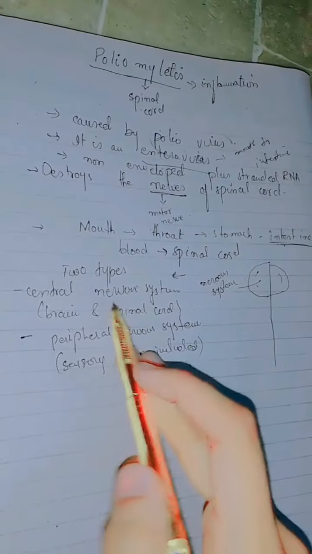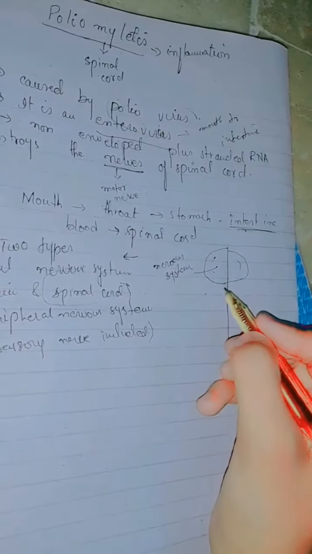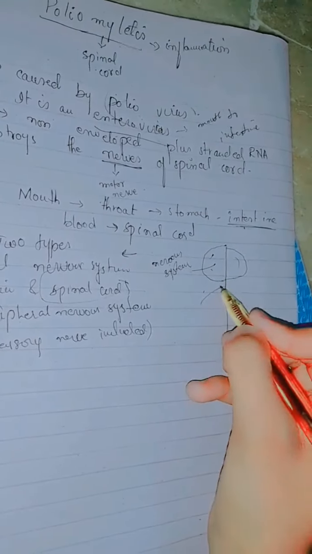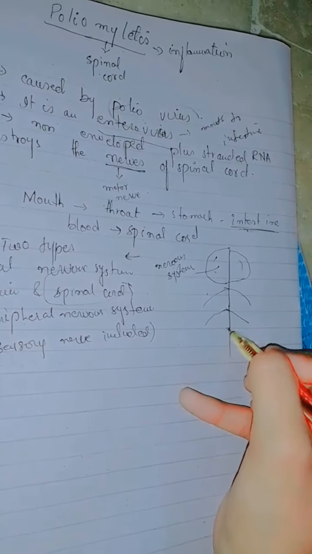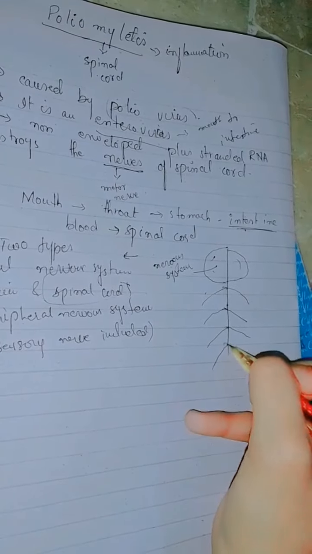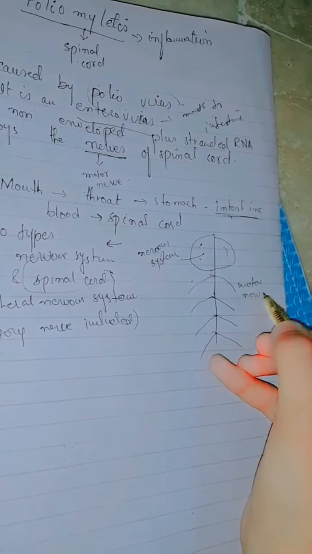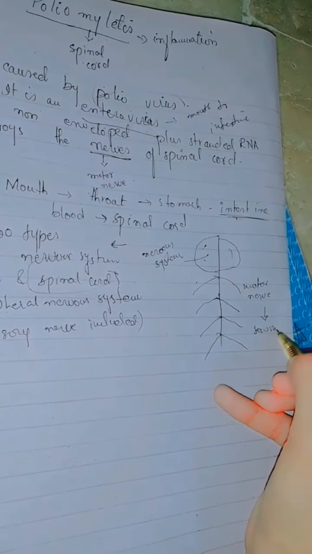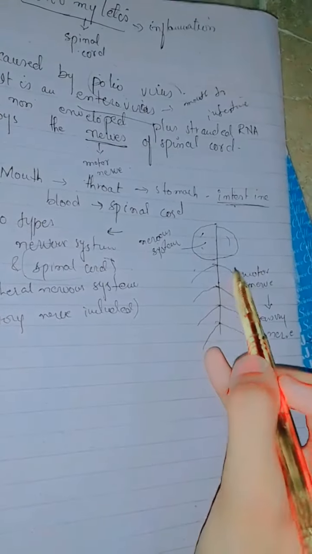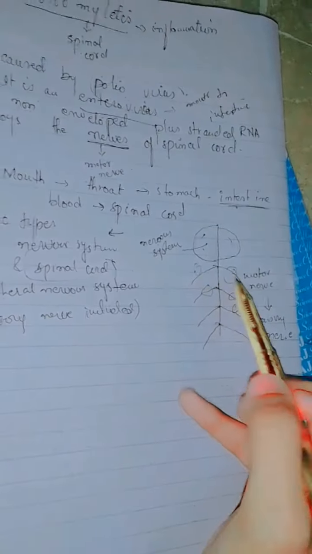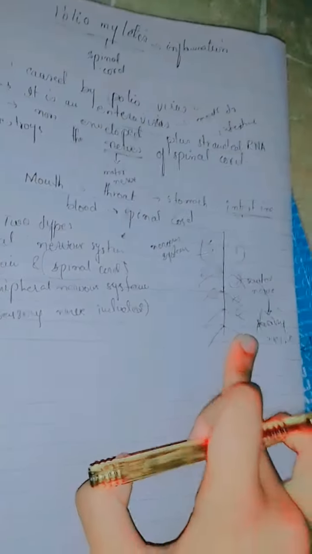So the spinal cord part is covered by the central nervous system, and here motor nerves are present. The virus will enter from blood to the spinal cord and destroy these motor nerves, and then when it goes to the sensory nerves, it will destroy these nerves as well.